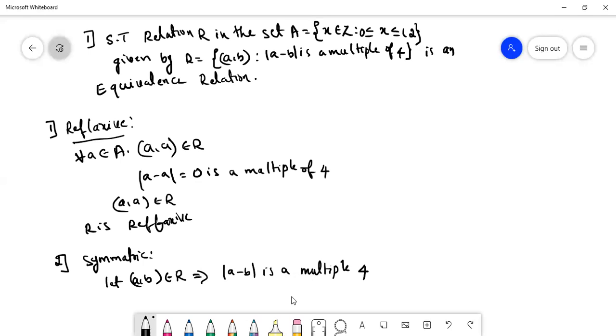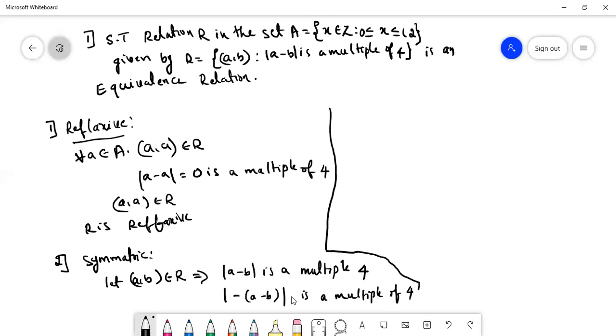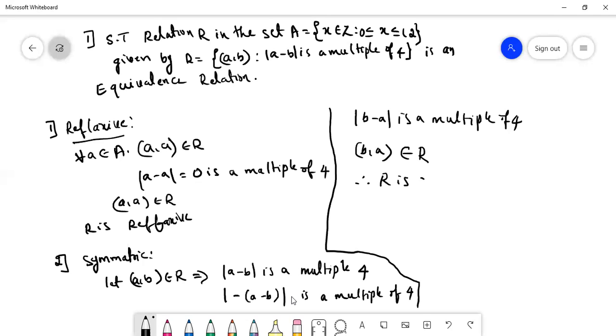Yes, so (b, a) belongs to R, which means R is symmetric. R is reflexive, R is symmetric.